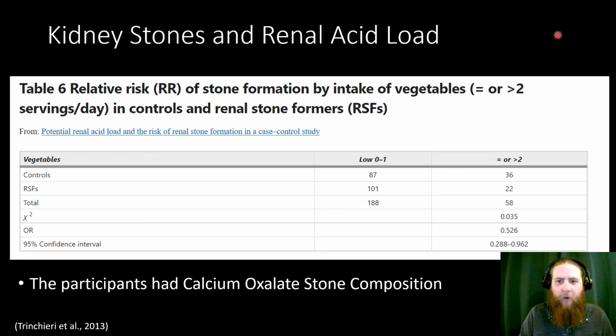Our renal stone formers had a lower incidence of more than 2 vegetables per day. For the controls that did eat more than 2 vegetables per day, we once again have a low chi-squared value, which means there is a strong correlation that eating more vegetables decreases your likelihood of getting kidney stones.